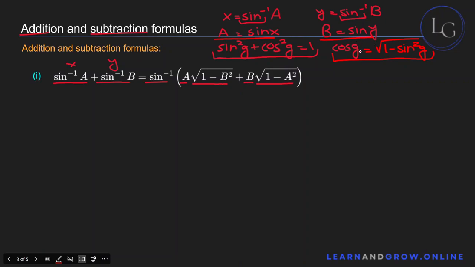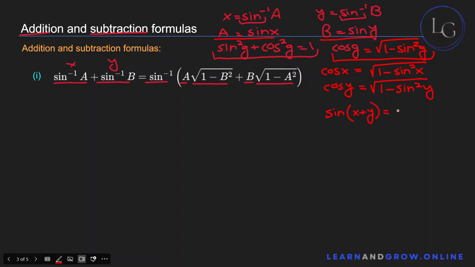So cosine of x is equal to under root of 1 minus sine square of x, and similarly cosine of y is equal to under root of 1 minus sine square of y.